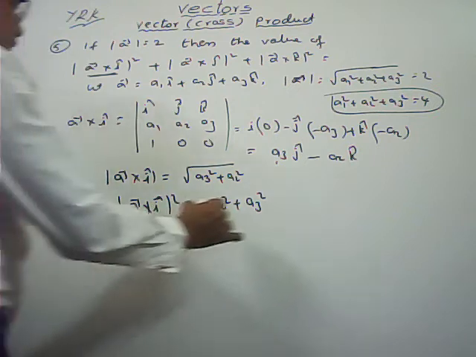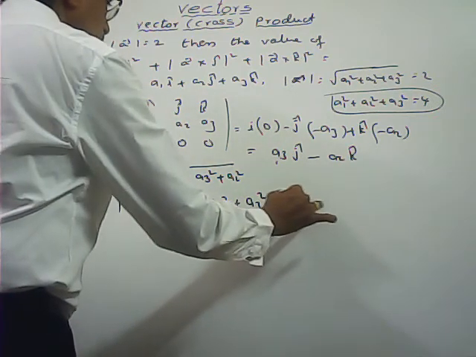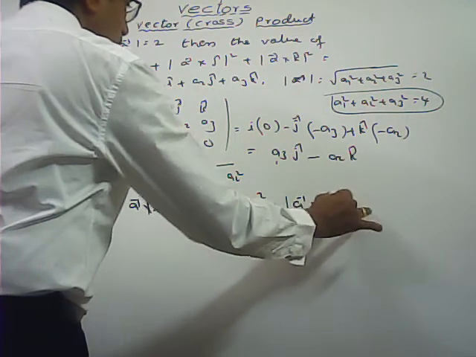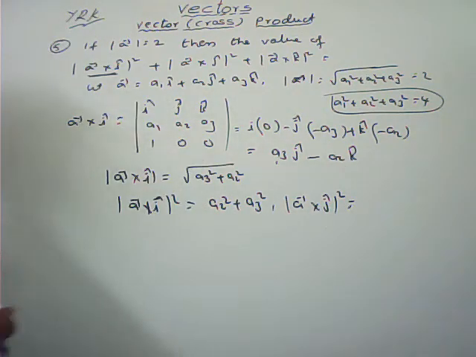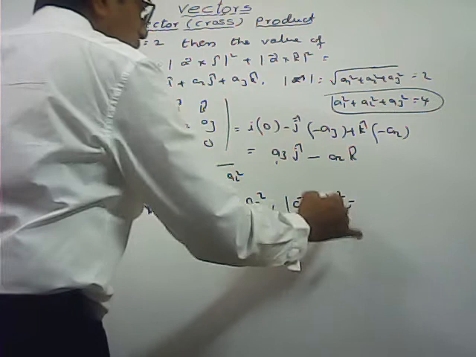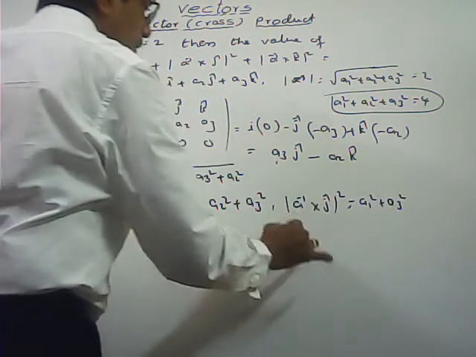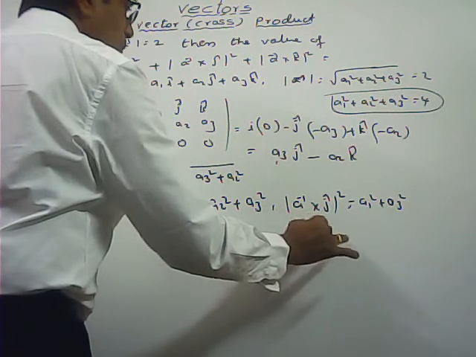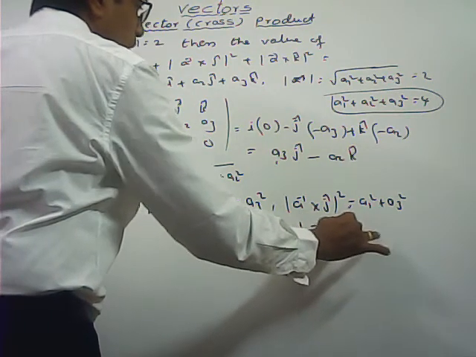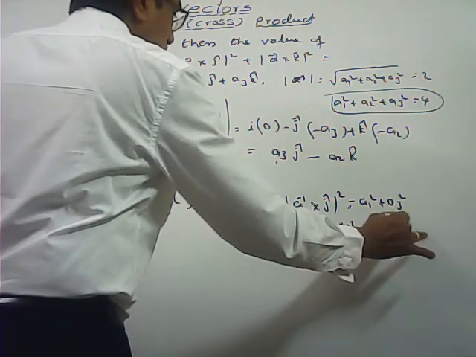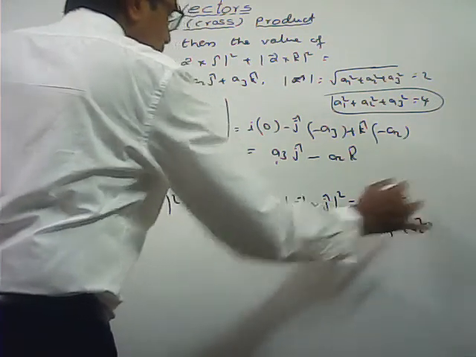Similarly, modulus of a bar cross j cap whole square we can get a1 square plus a3 square, and modulus of a bar cross k cap square we can get a1 square plus a2 square.